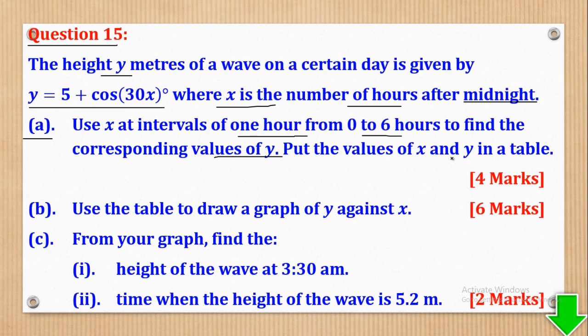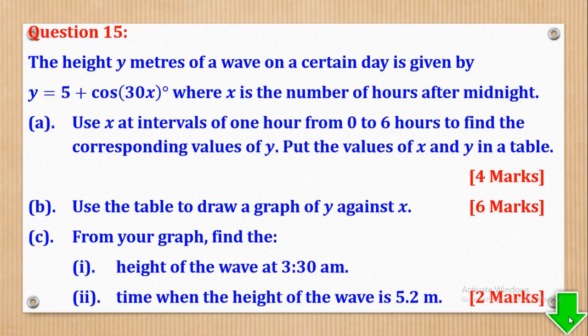Put the values of x and y in a table. Part B, use the table to draw a graph of y against x. Then part C, from your graph, find Roman 1, the height of the wave at 3:30 a.m. and Roman 2, the time when the height of the wave is 5.2 meters.